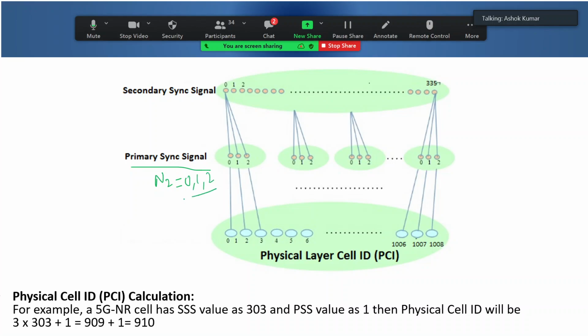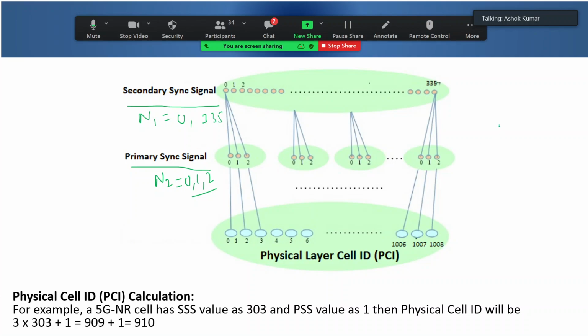Only three values are there in N2. But with SSS, you get N1, and its value is from 0 to 335. That means 336 values.